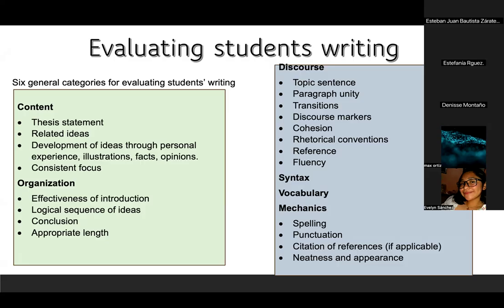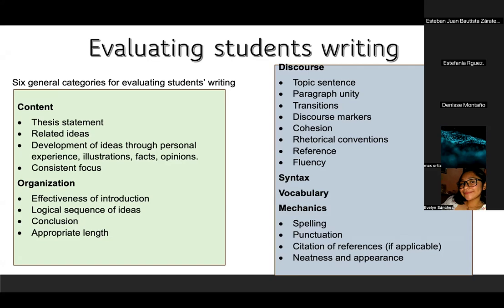Then aspects of syntax, remember the use of period, semicolon, colon, full stop. It's also related with syntax and mechanics, the use of citation and references, if it is applicable, and the use of adequate vocabulary.